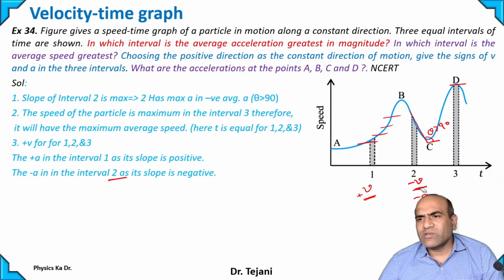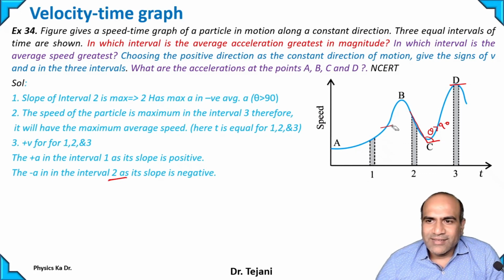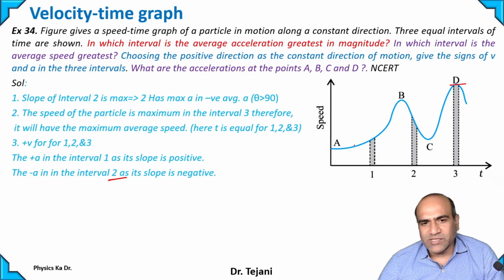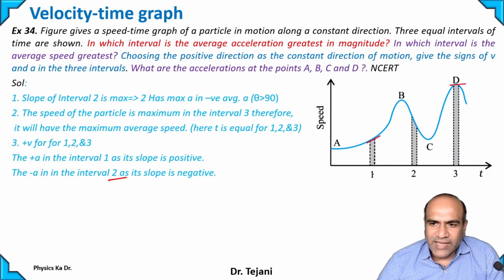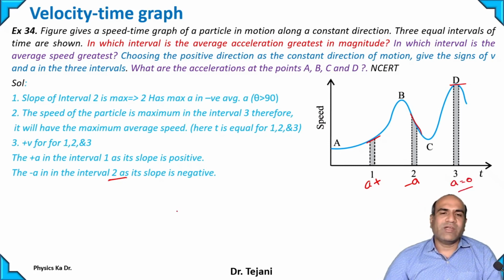All the velocities are positive. How can we say velocities are negative for any of these? So that was a mistake. All velocities are positive. For this, acceleration is positive; for this, acceleration is negative; and for this, you can say acceleration is 0, momentarily.